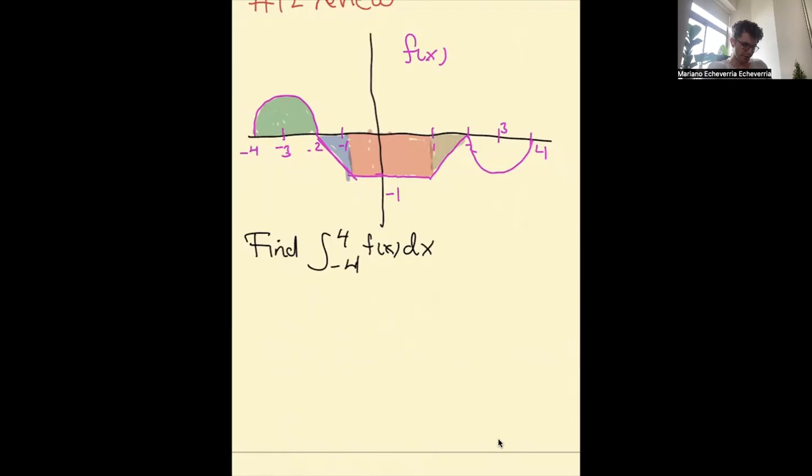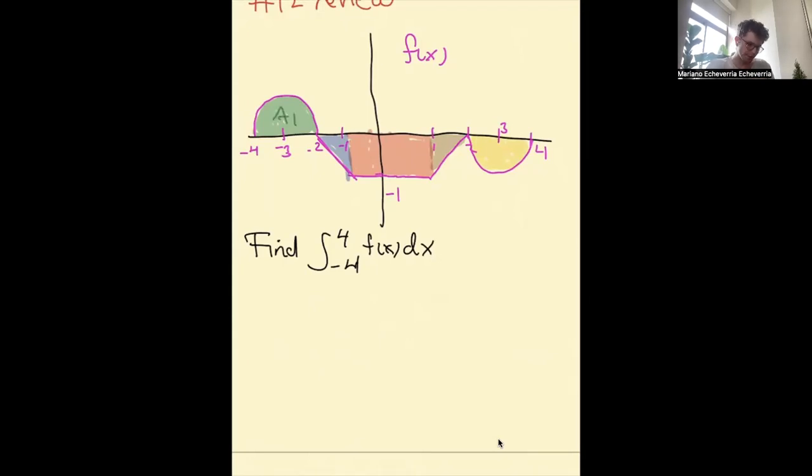And I'm coloring this one. Okay. So I'm breaking up the region into 5 pieces, and my claim is that on each of these 5 pieces, the area is easy to find.